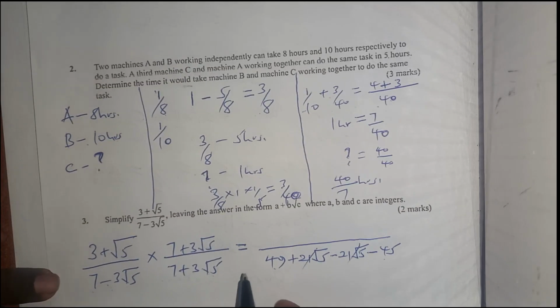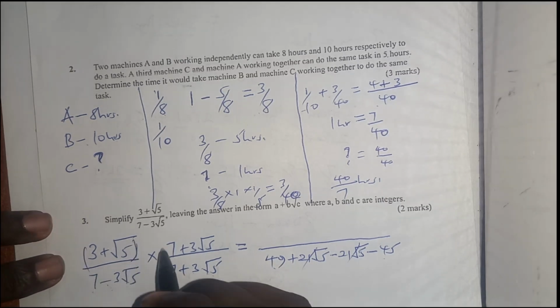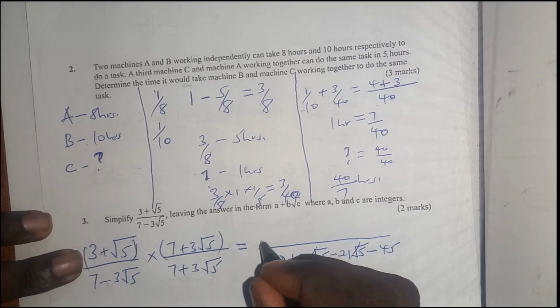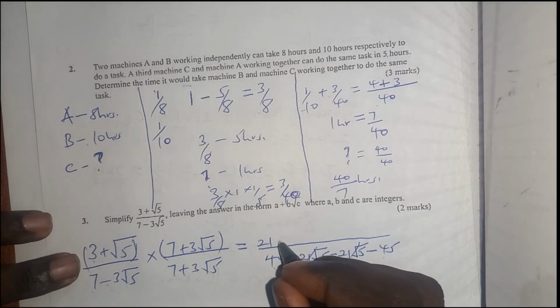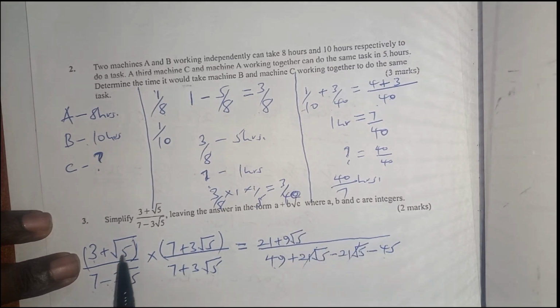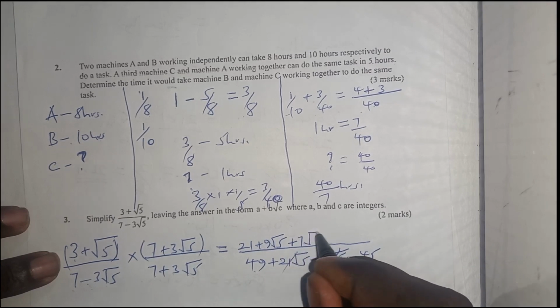Now let's go to the upper part, which is called the numerator. So we have these two. We take 3 multiplied by 7. That's going to give us 21. Then 3 multiplied by 3 root 5 gives us plus 9 root 5. Then root 5 multiplied by 7 gives us plus 7 root 5.